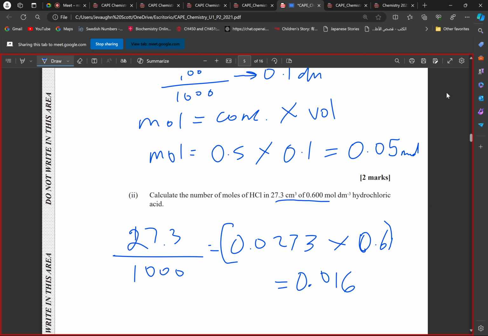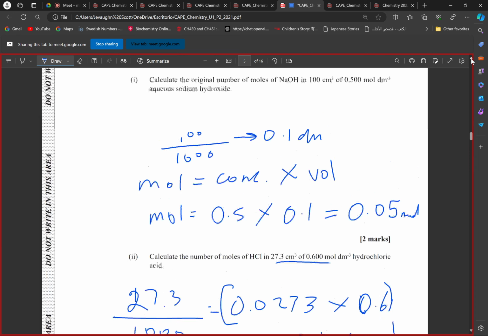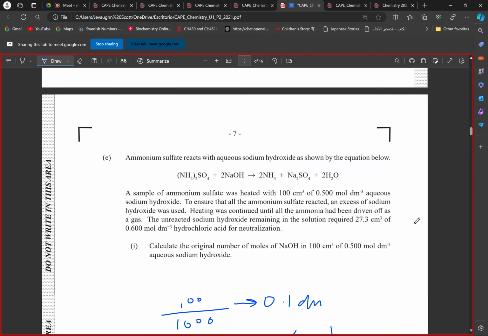The same number of moles. The same number of moles in the excess hydrochloric acid that you just calculated, it will be the same number of moles for the second question after. Okay, so how do we get that reasoning?